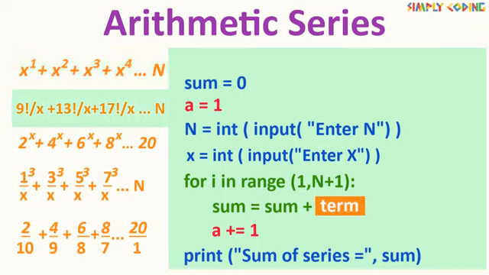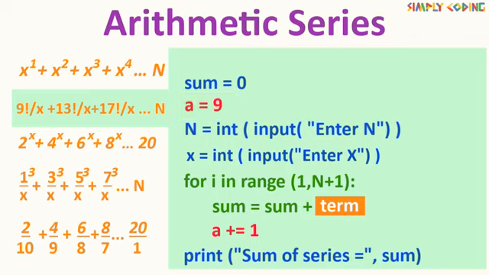This too requires us to input both n and x from the user. Here we see an arithmetic series starting with 9 and incrementing by 4. But here we have the factorial of each number of the series. So this time we will initialize a to first member of the series, which is 9.